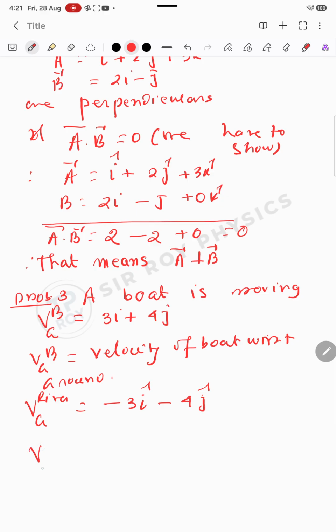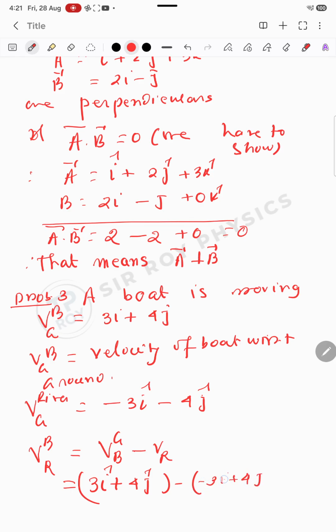Then the velocity of boat with respect to river equals V boat minus V river. That is 3i plus 4j minus minus 3i minus 4j. It is coming 6i plus 8j.